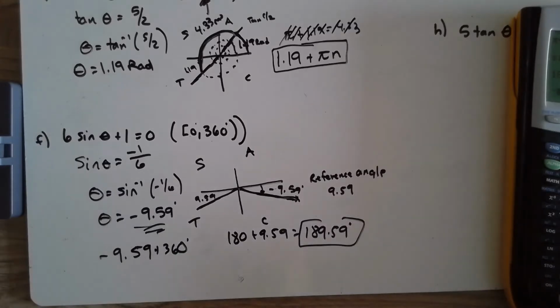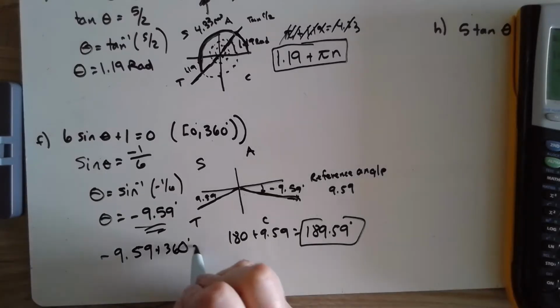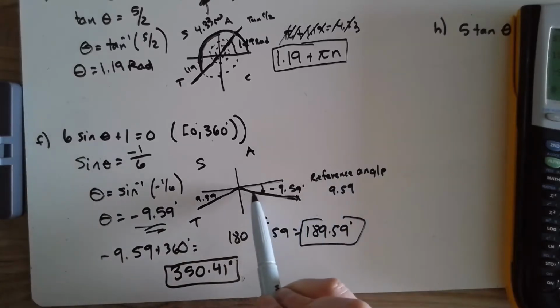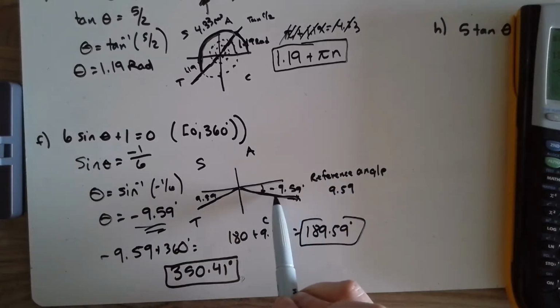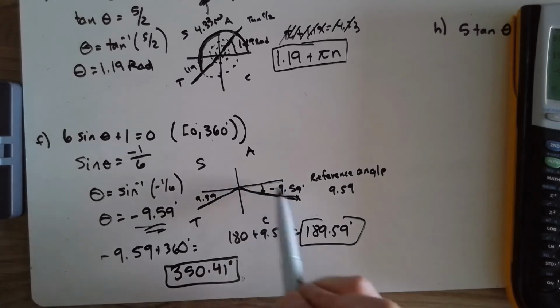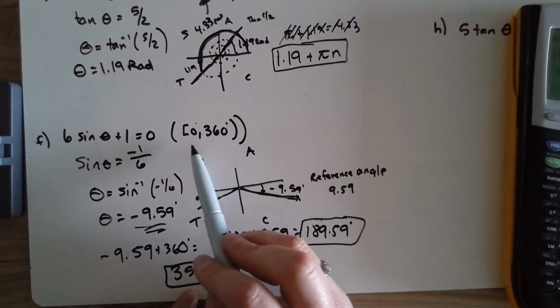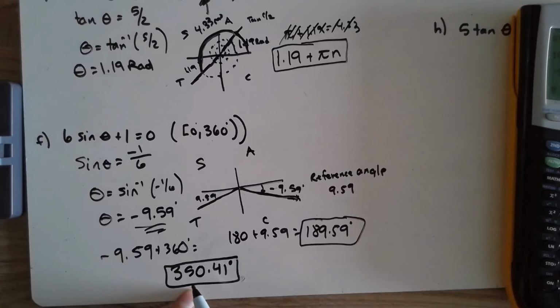So negative 9.59 plus 360, and we're going to get 350.41 degrees. If you notice, if you add 9.59, that would get you to 360. This one is coterminal with our negative 9.59. So here are my two answers that are in the interval between 0 and 360.